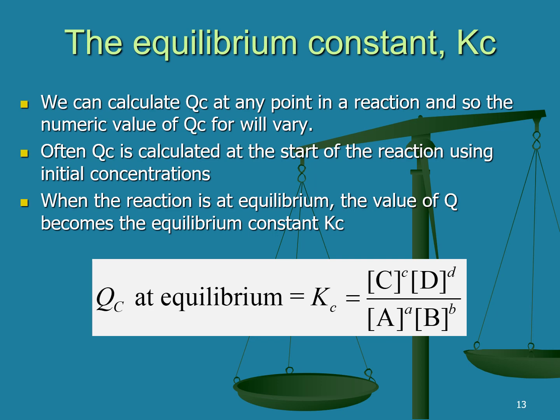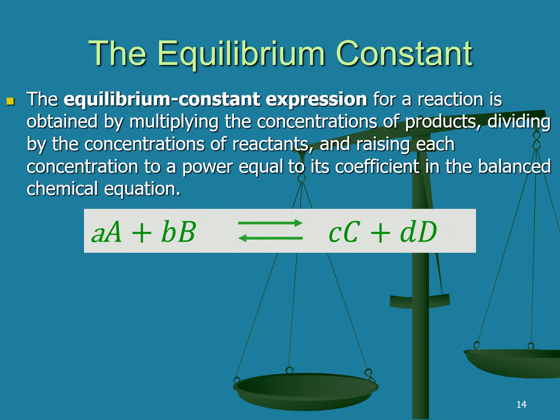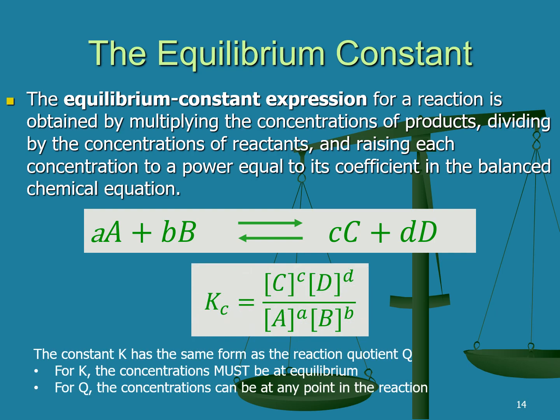But the key is that if we're at equilibrium, the value of Q will become what's called Kc, or the equilibrium constant. So at equilibrium, Qc becomes Kc. And so the same reaction, we have the same quotient, but if it's equal to Kc, we know that we're at equilibrium. So the equilibrium constant expression is always, again, products over reactants raised to their coefficients.